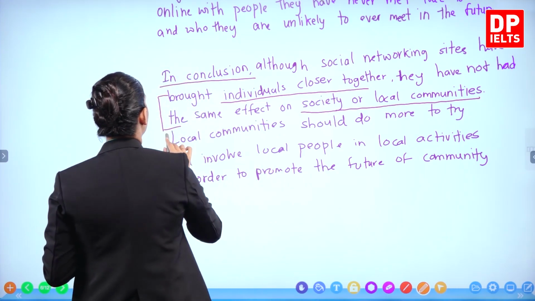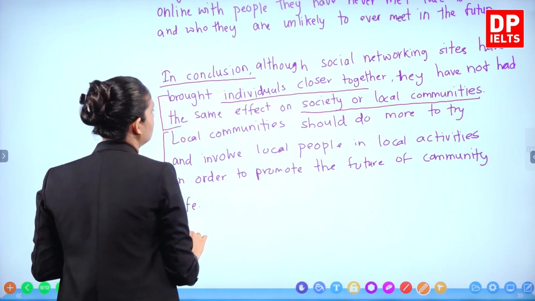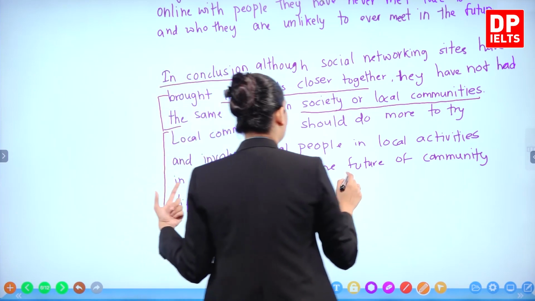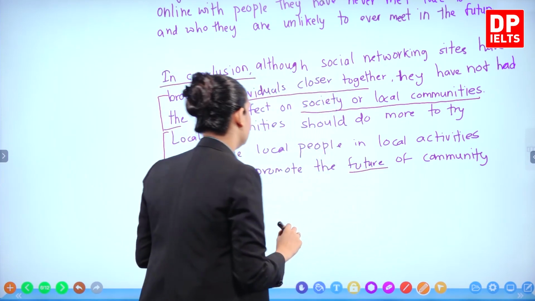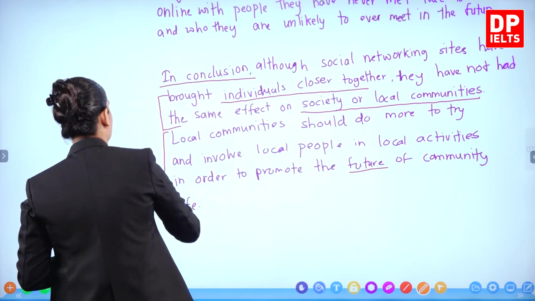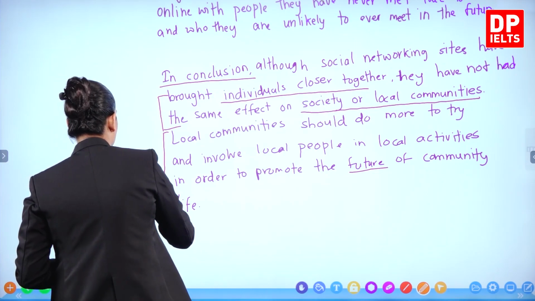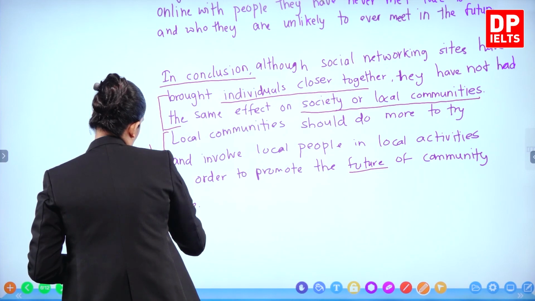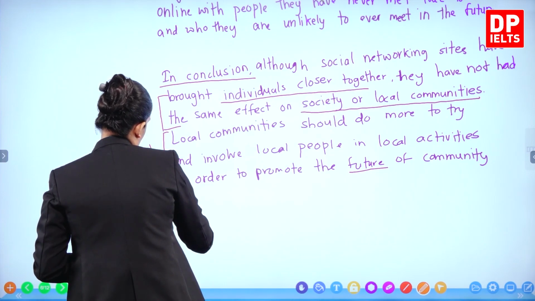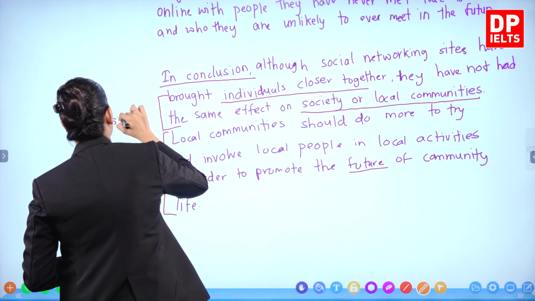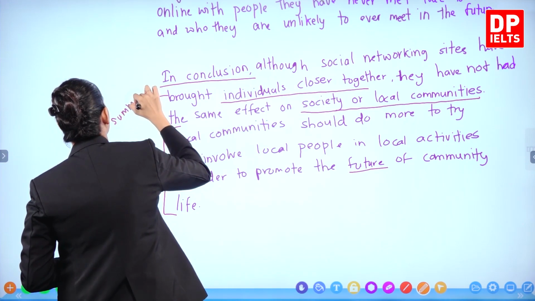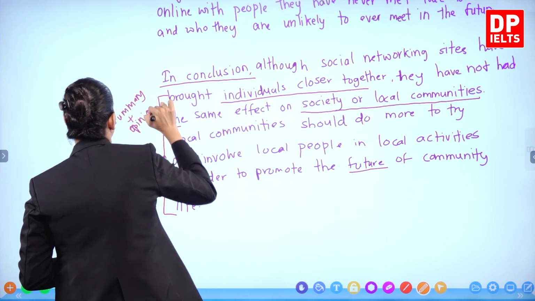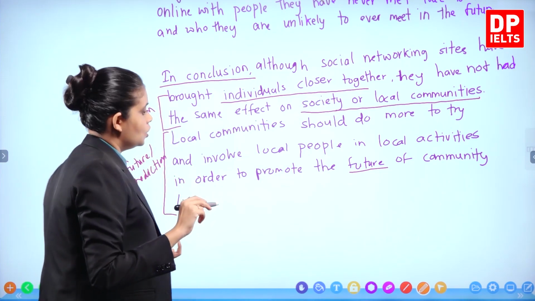Then we write the last bit, local communities should do more and in future that would be much healthier for the community life. So this is a future trend, or a prediction. This is a summary plus the opinion together.